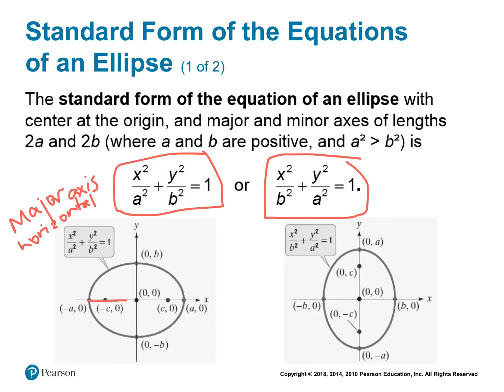So from here to here is a distance of a. From here to here is negative a. So that total distance is 2a. Now the other one, the major axis, or the longer one, is vertical.